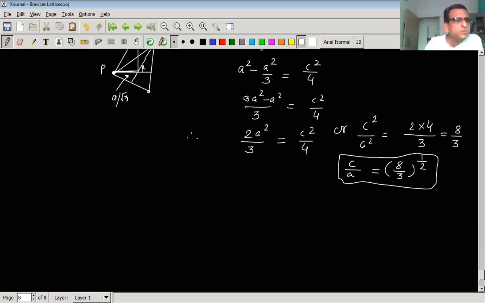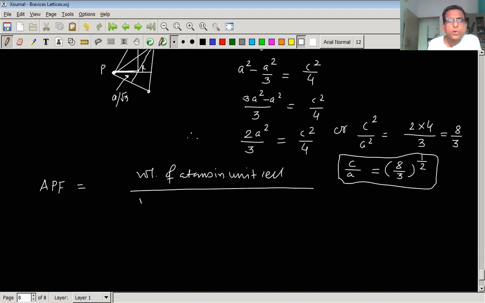Now again we have to know this atomic packing fraction. APF is given by volume of atoms in unit cell divided by volume of unit cell itself, isn't it?